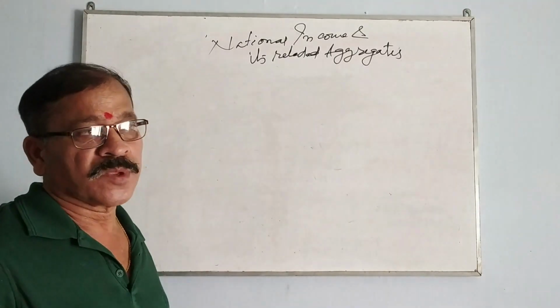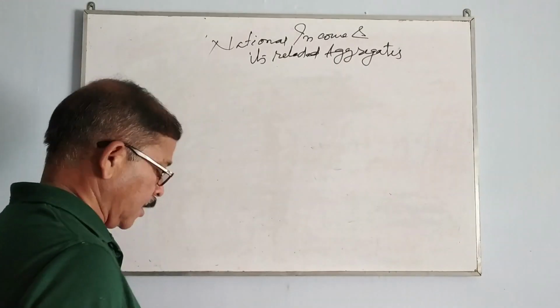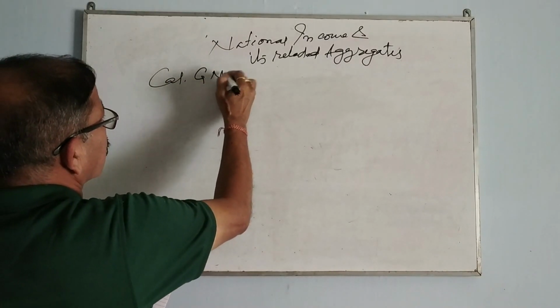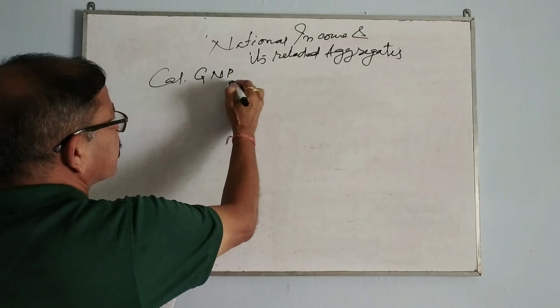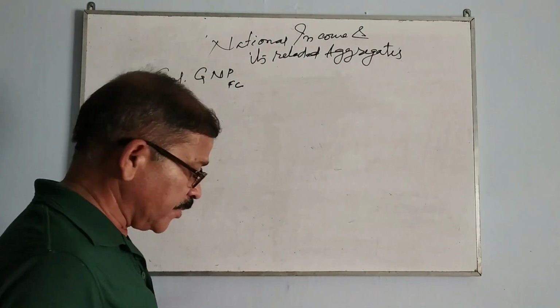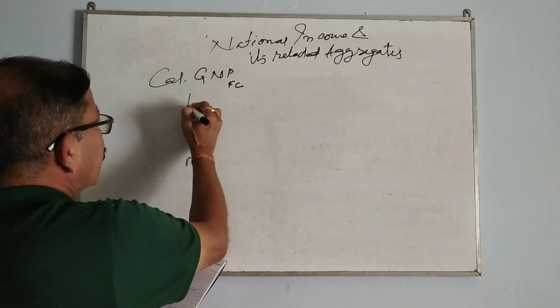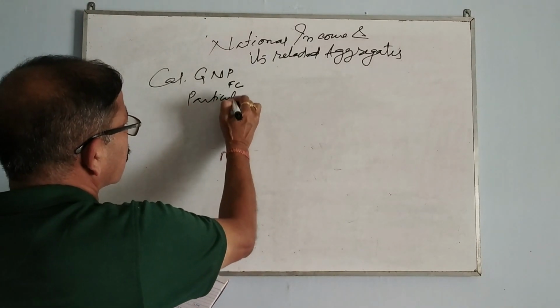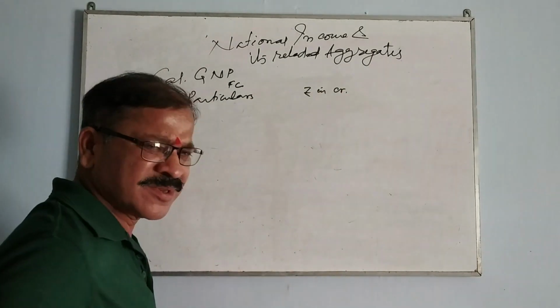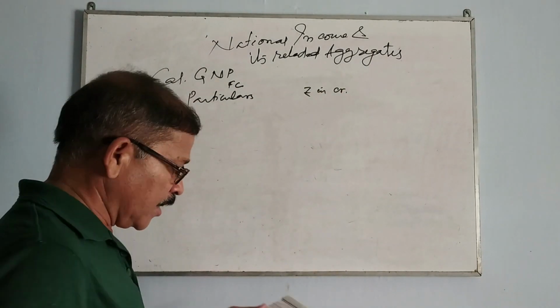Let us do one more numerical. Here, calculate GNPFC. Right? What is the numerical? You have to calculate GNPFC. The particulars, and rupees in crores this time. That may vary, no problem.